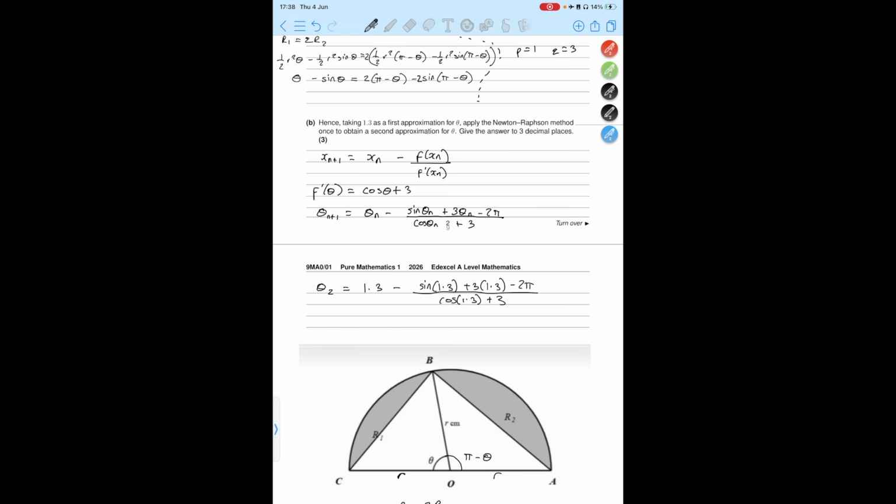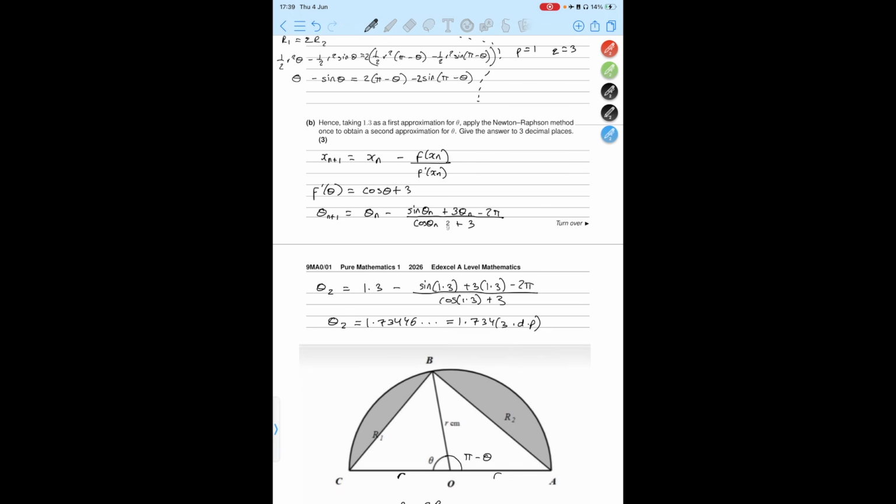That should roughly give you theta 2 equals 1.73446, which is 1.734 to 3 dp, I believe. I'm pretty sure that is right.